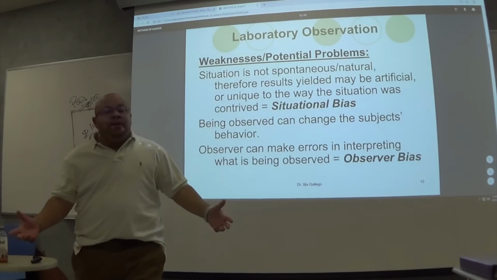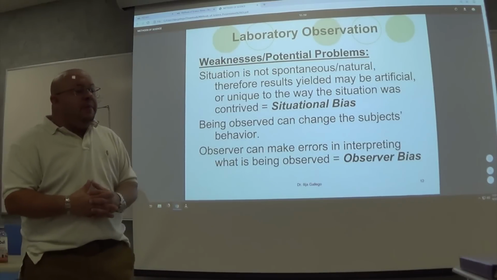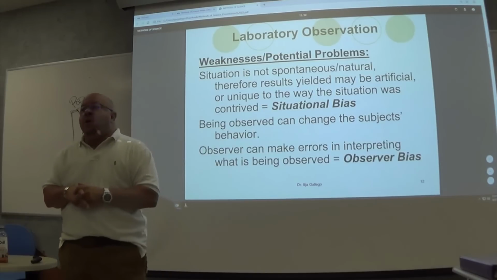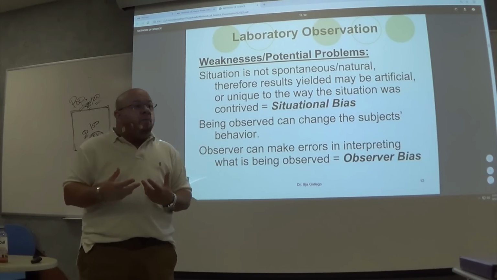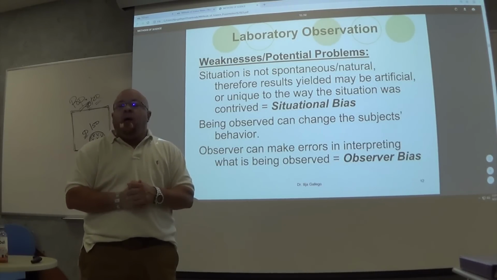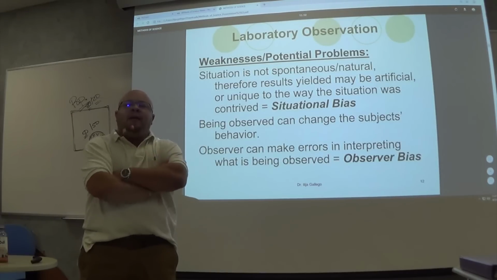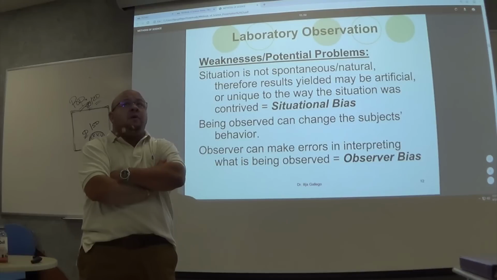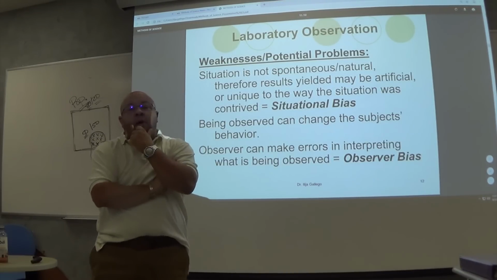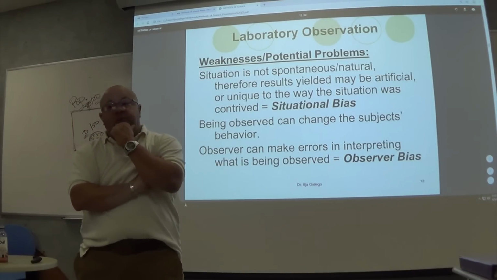So let me give you another example that's something you could relate to a little better regarding laboratory observation. Let's say I wanted to know who's more helpful, men or women, in college. I think men might be more helpful, but only towards other women and not towards other men, right? Well, we could set a situation up like that, couldn't we?